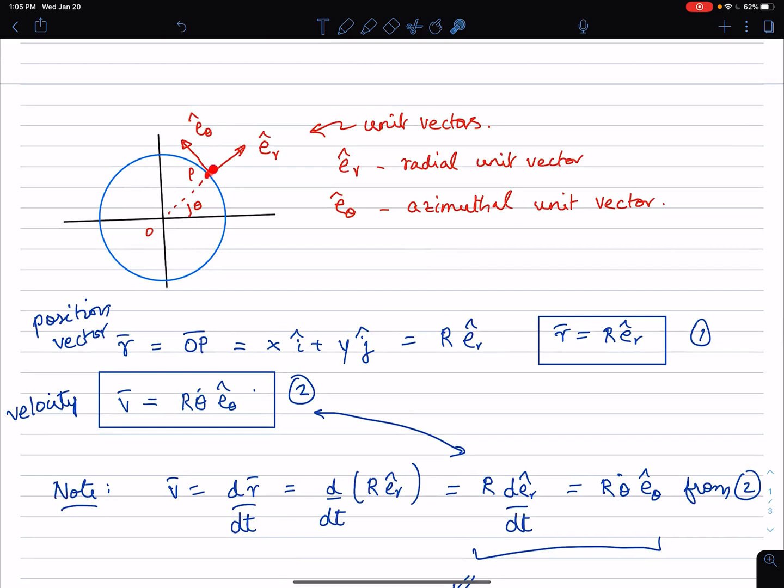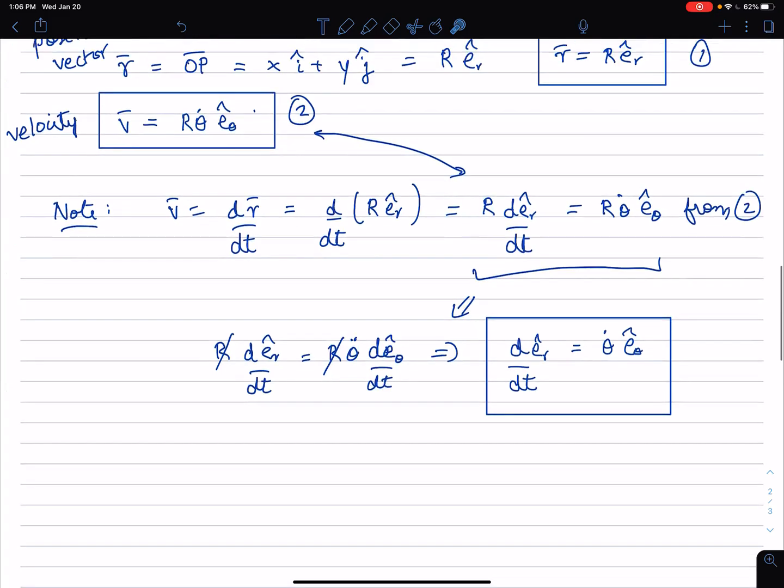Here, this unit vector, even though its magnitude is constant, its direction constantly changes as the point moves around in the circle. So this is not a constant vector. And because its direction changes, it's got a derivative that's not equal to 0, and that derivative, it turns out, is equal to theta dot e theta.